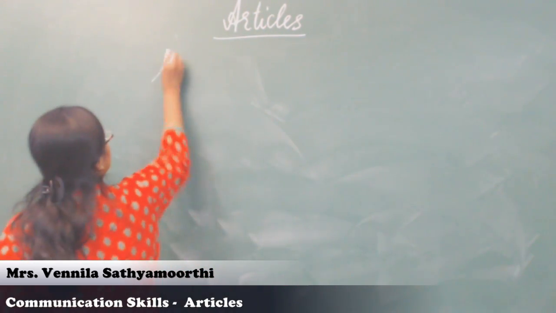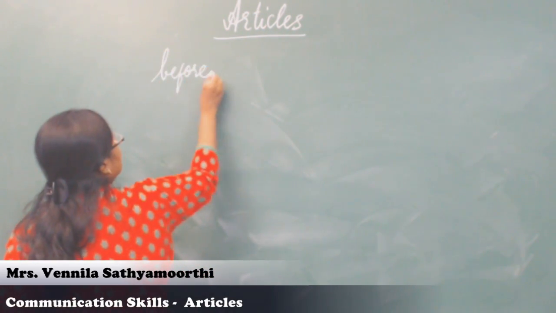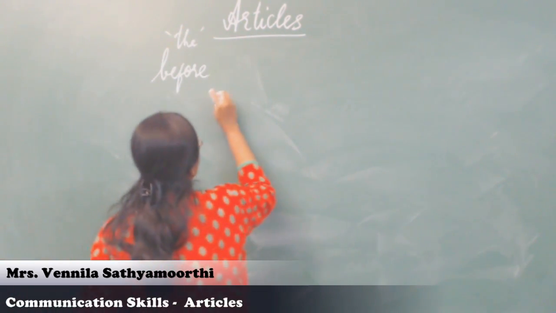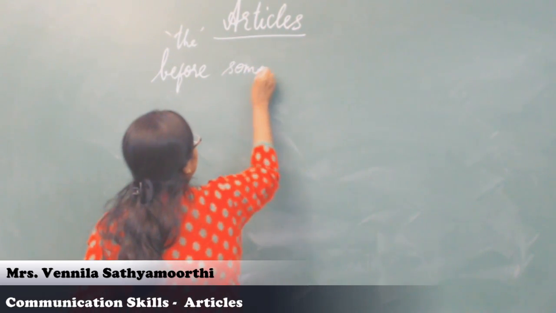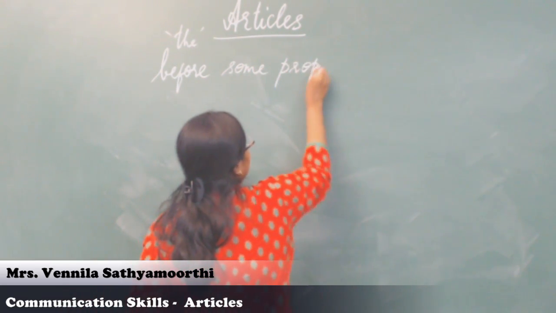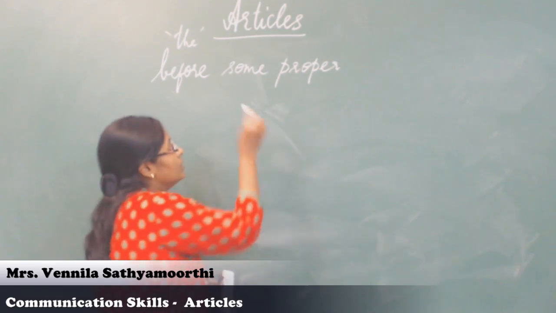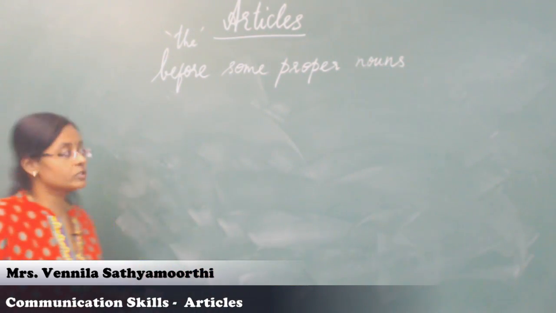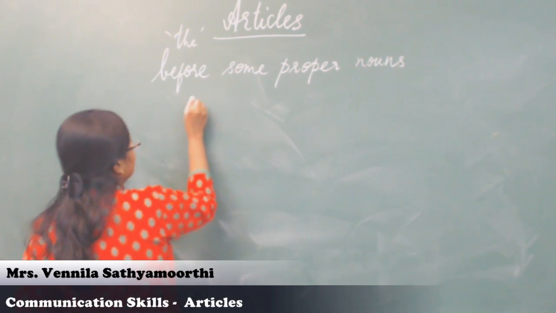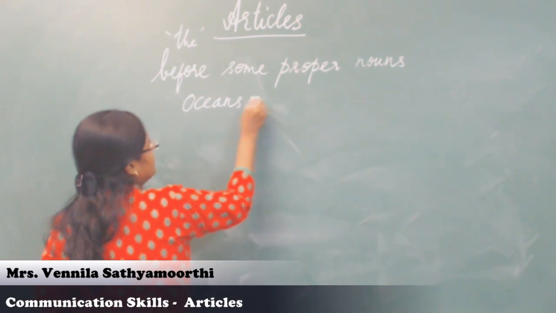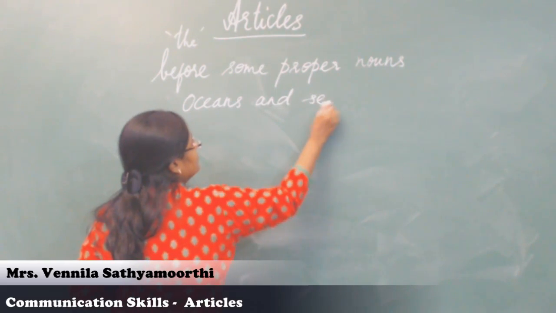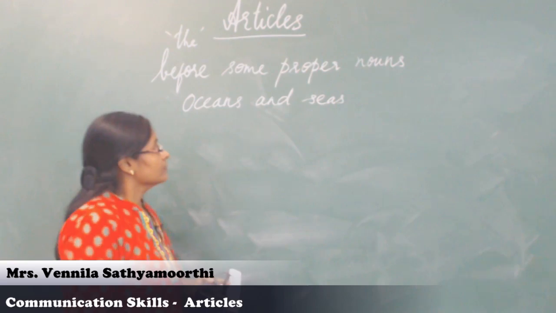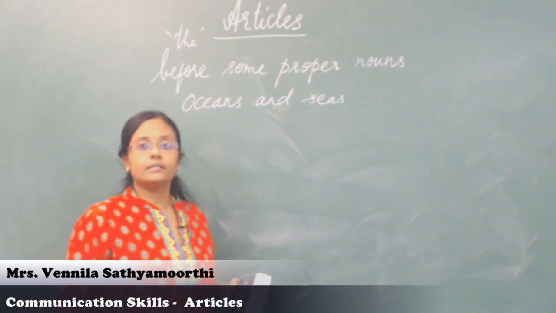And then we use the before some proper nouns. Generally we should not use the before proper nouns, that we will learn in the omission. Some proper nouns like oceans and seas. The Pacific Ocean, the Atlantic Ocean, the Black Sea, the Red Sea.